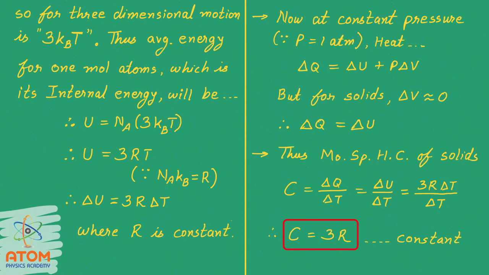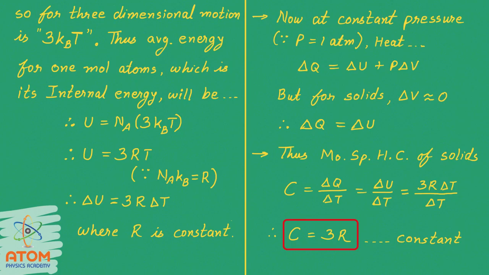And that's why here we are using the symbol of internal energy U. So, U is equal to Na into 3 kBT. But Na into kB is also R. Na is the Avogadro number and kB is the Boltzmann constant. So, multiplying them becomes R. So, we can write U is equal to 3RT. And that's why delta U can be written as 3R delta T, where R is a constant, you know already.